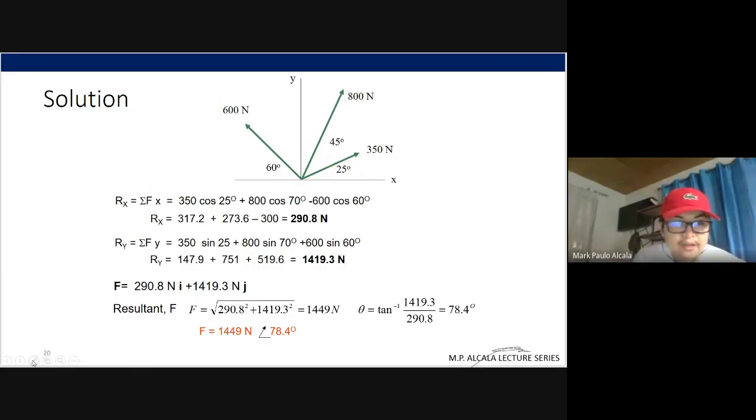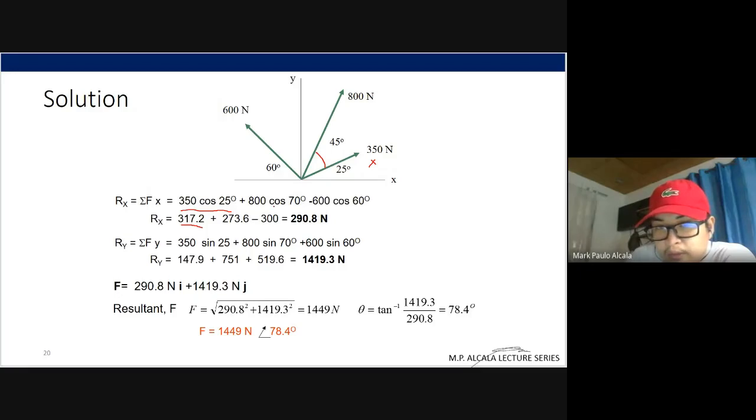We are getting the resultant force along the x-axis first. So this one, the x component of this 350 Newton force, will be 350 cosine 25 degrees. Okay. Next, the 800 Newton force. Since we are getting the x component, that will be 800 Newtons cosine of 45 plus 25 degrees.